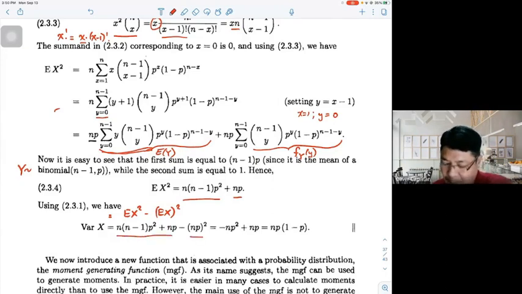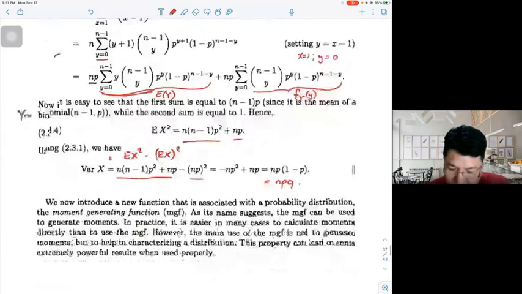And then simplifying, this is simply equal to npq, if we take q to be equal to 1 minus p. So the variance of our random variable having a binomial distribution with n number of trials and probability of success p will be equal to npq. That is our proof.